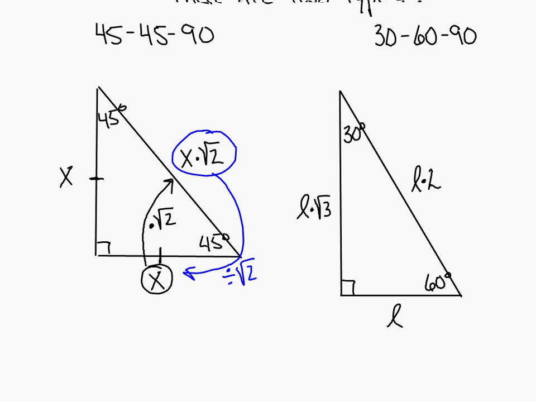So if you're given the shorter leg and you need the hypotenuse, you multiply by 2. If you're given the shorter leg and you need the longer leg, you multiply by the square root of 3.